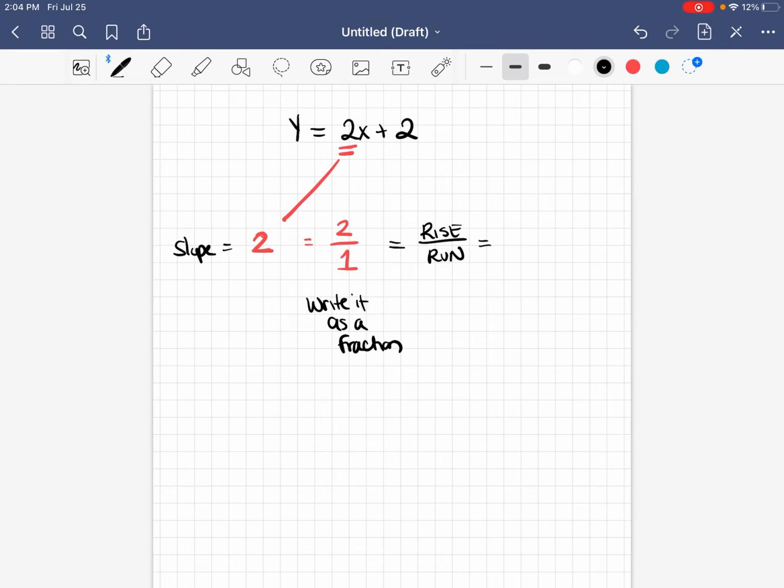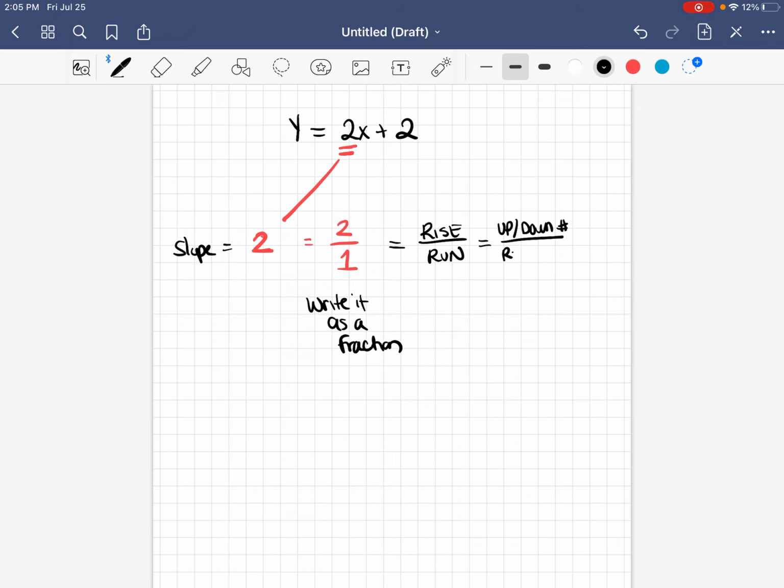Even though rise over run is technically the term that I guess we've all agreed upon when it comes to slope, I like to say it a little bit differently for people to actually understand what that means. This is saying you're either going up or down a number of units. So rise means you're either going up or down a certain amount.